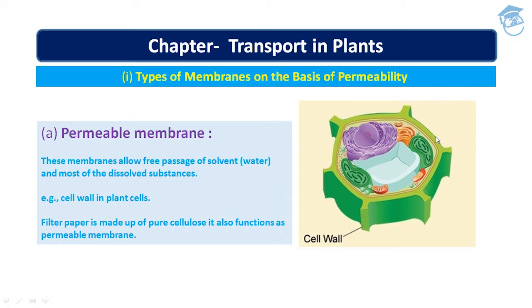So this is a plant cell, this is the cell wall, which allows free passage of solvent and most of the dissolved substances. So the cell wall is an example of a permeable membrane.